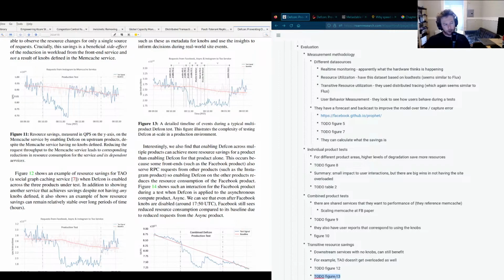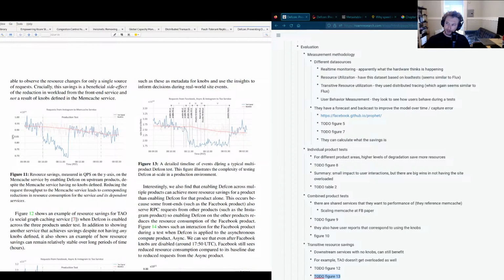You think that they would also know this without having to run tests, but I guess not. Like they could run this. I guess they wouldn't necessarily know the fine-grained nature of what turning a knob off, the fine-grained nature of how a specific part of the product impacts resource usage.